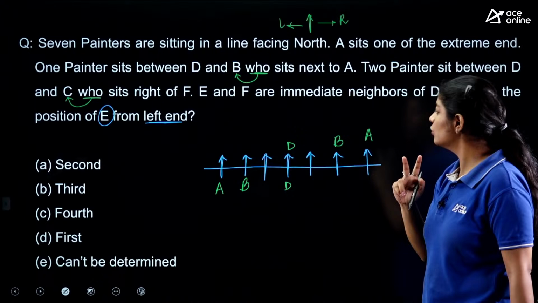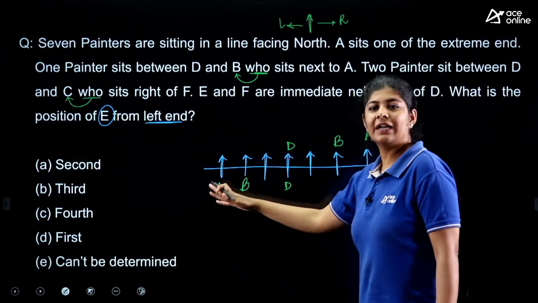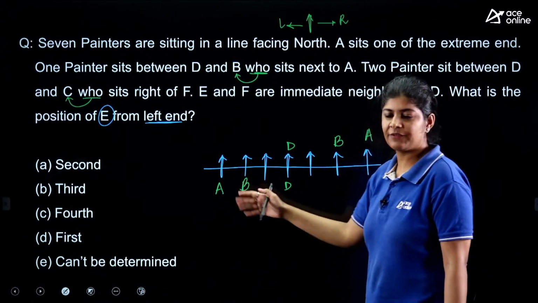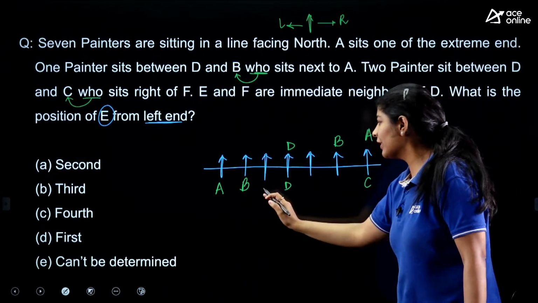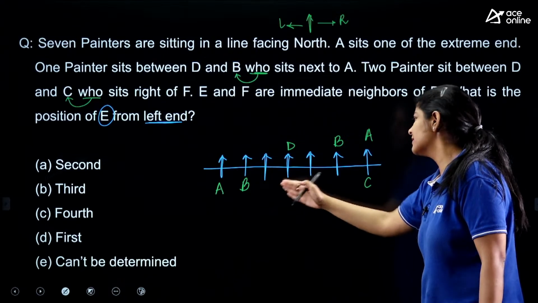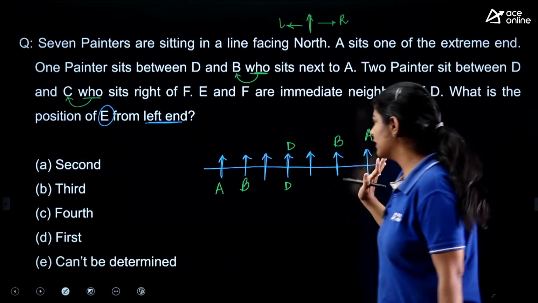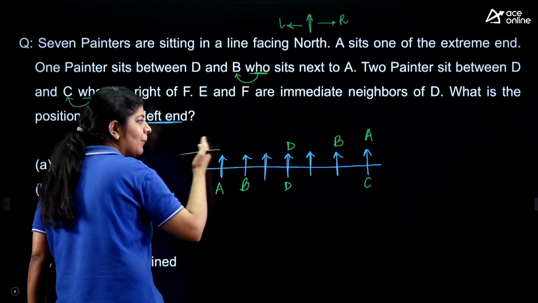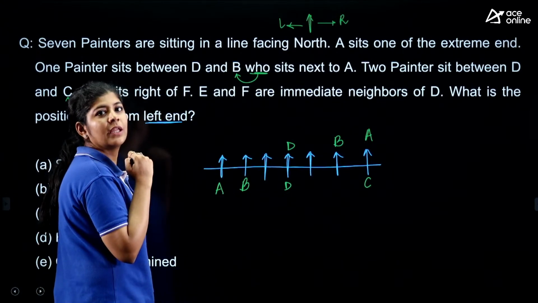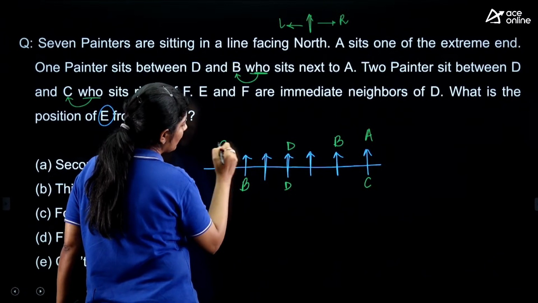2 painters sit between D and C, who sits right of F. Okay, there are 2 painters, so we can't go this side as we don't have sufficient space. So 1, 2, here we have C. And if we have F over here, then C sits right of F. Condition applied. As we check in case 1, this is the only possible area in which we can move, right? So we can put C over here.